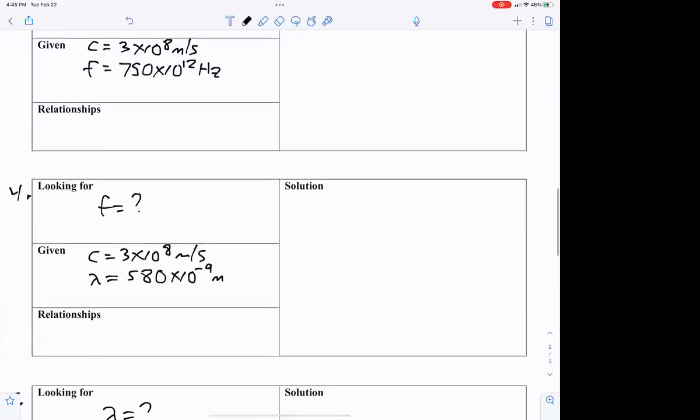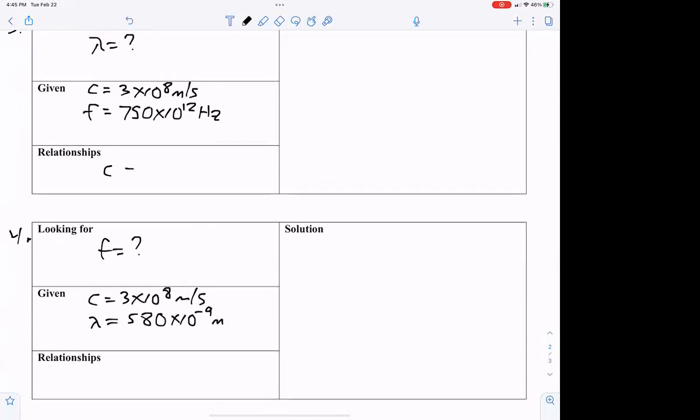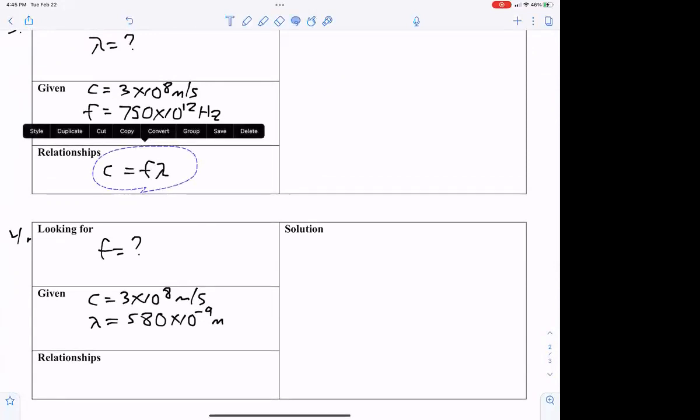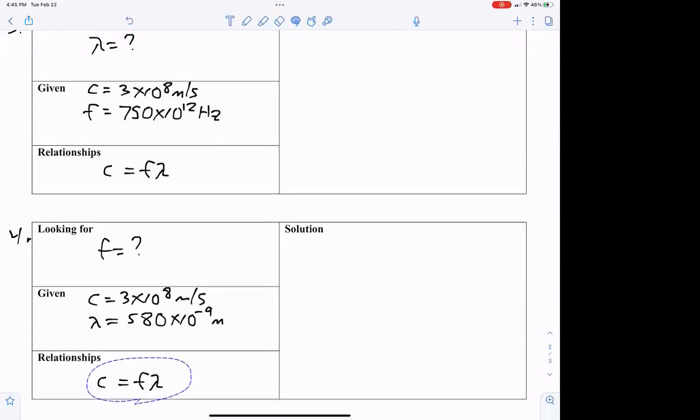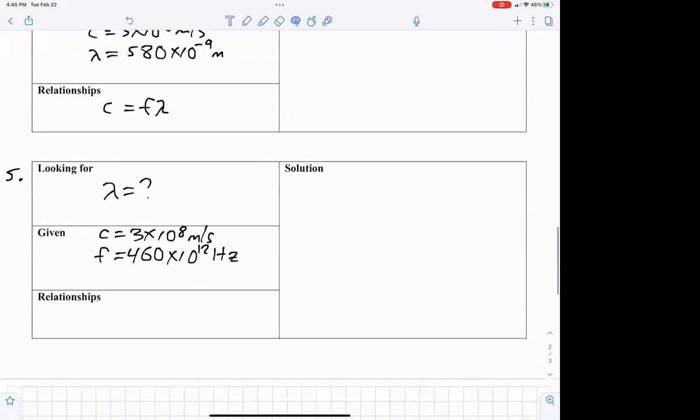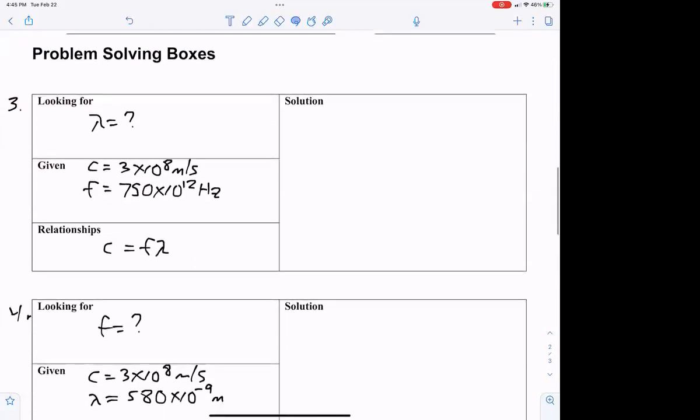Okay, now the equation we're going to use in each case is C equals F lambda. So I'm going to copy this down 3 times. Okay, and let's solve each of these problems for their respective unknown.